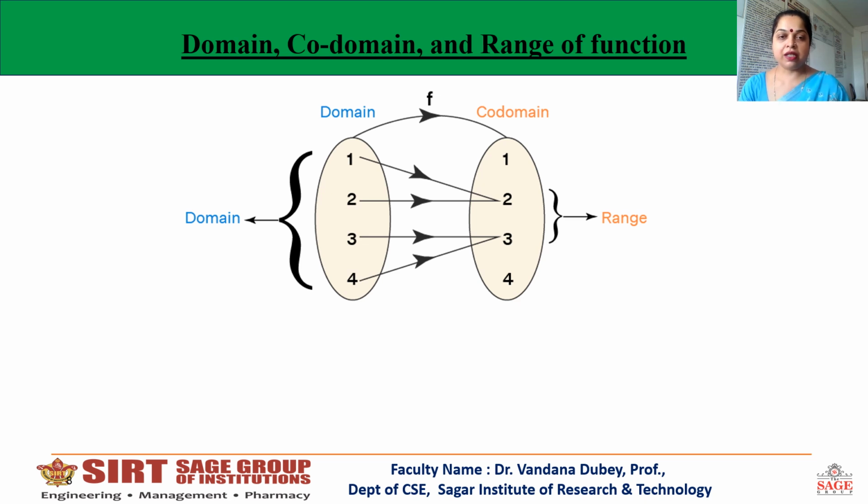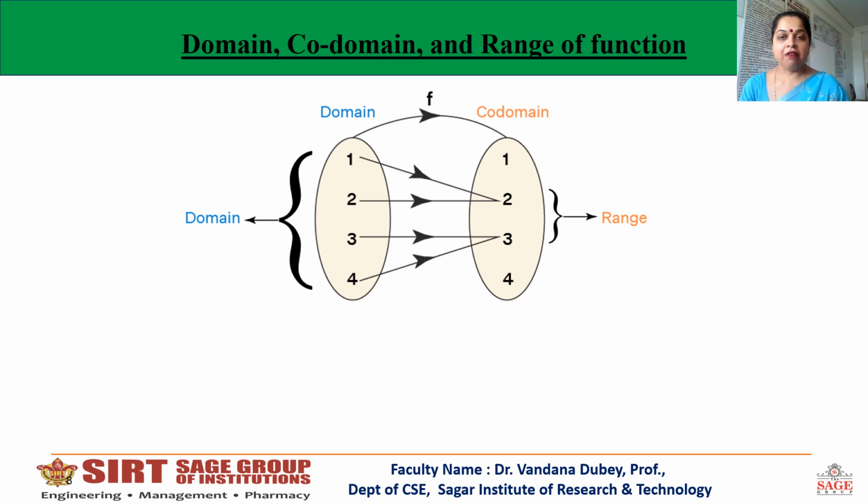Now from the first set, elements 1 and 2 are mapped to element 2 of the second set. Then elements 3 and 4 are mapped with element 3 of the second set.